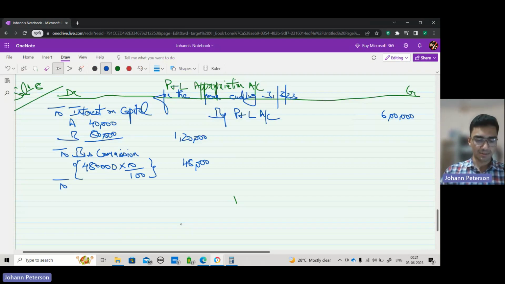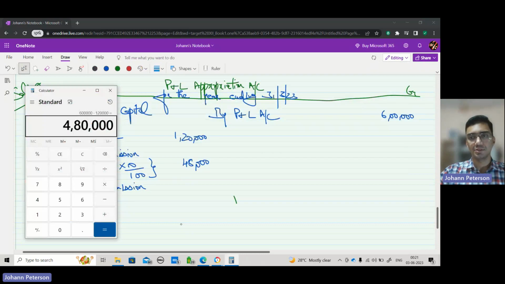Now A is another person who's to get commission. A is entitled to a commission of 8% of the net profit remaining after deducting interest on capital and after charging all commissions. All right, so A's commission is going to be calculated on 6 lakh minus 1,20,000 which is 4,80,000, and we are also going to subtract this 48,000 because it's saying after removing all the commissions, so 4,32,000.